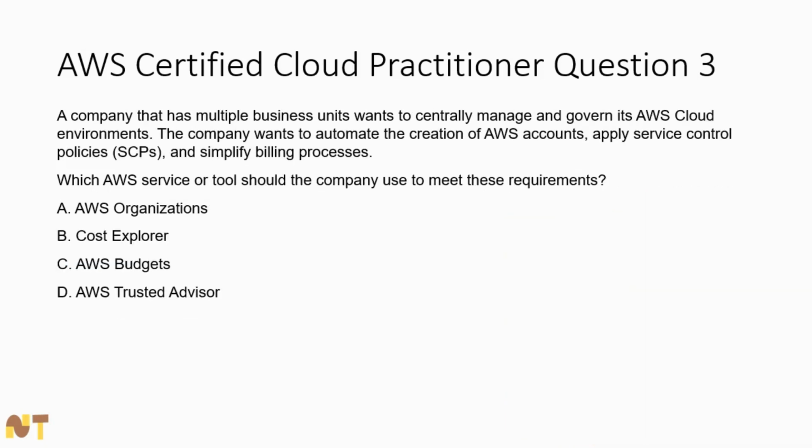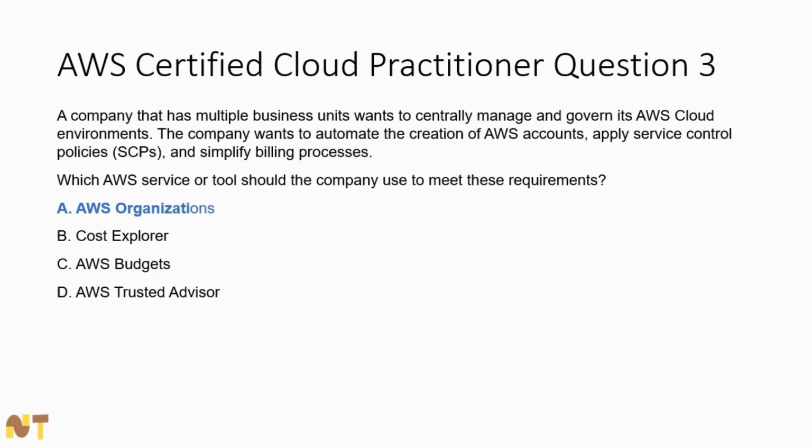A company that has multiple business units wants to centrally manage and govern its AWS cloud environments. The company wants to automate the creation of AWS accounts, apply service control policies, and simplify billing processes. Which AWS service or tool should the company use to meet these requirements? Options are A. AWS Organizations, B. Cost Explorer, C. AWS Budgets, and D. Trusted Advisor.